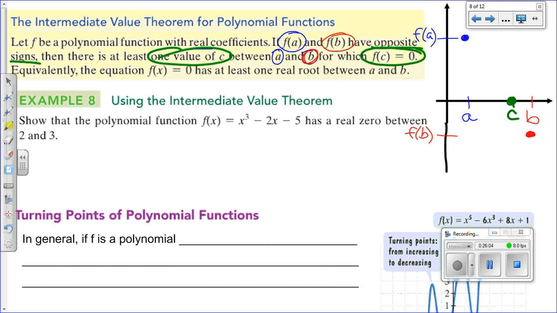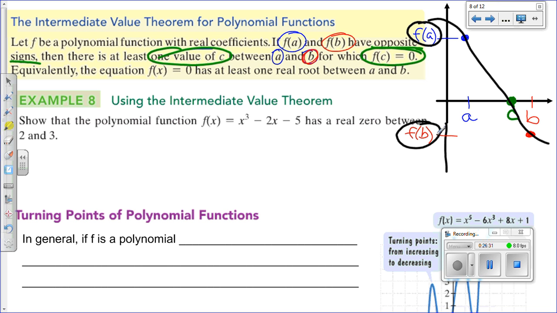That if you have two x values with opposite signs for their y values, then there must be a 0 in between those two x values, because the graph somehow needs to cross the x-axis. All right? That's how you go from a positive y value to a negative y value.